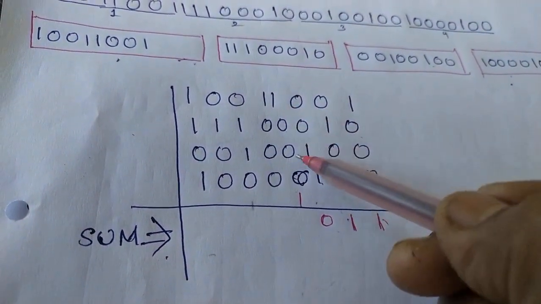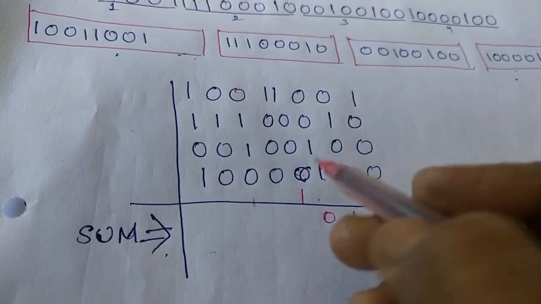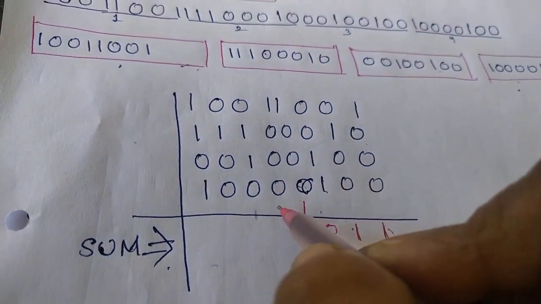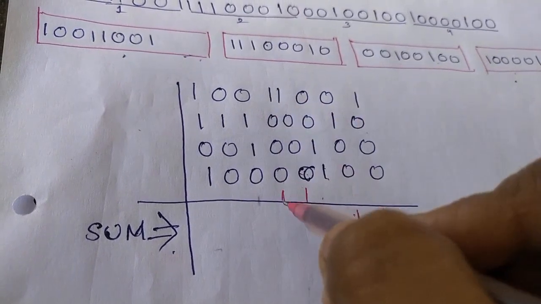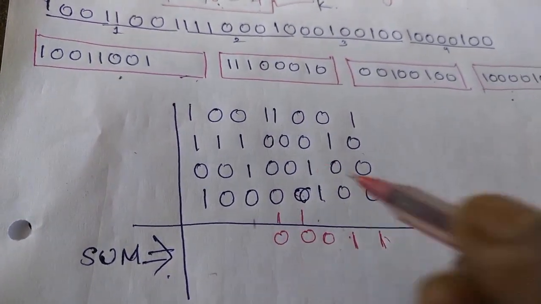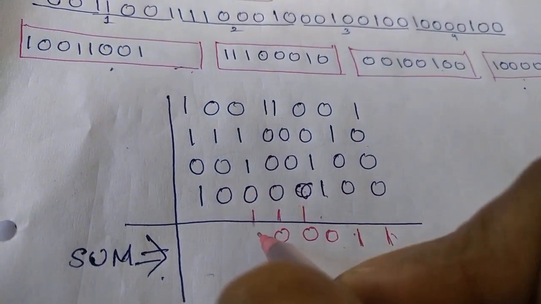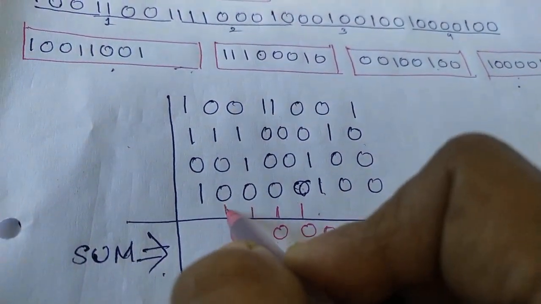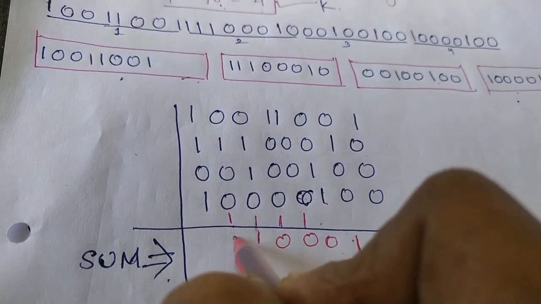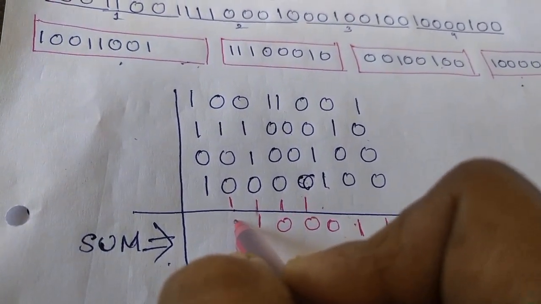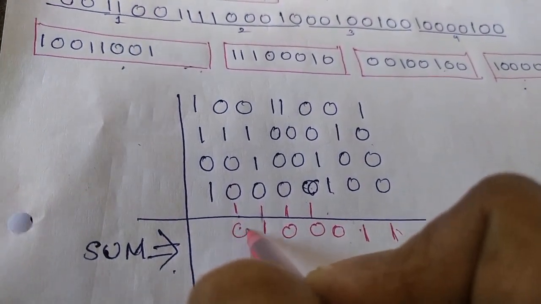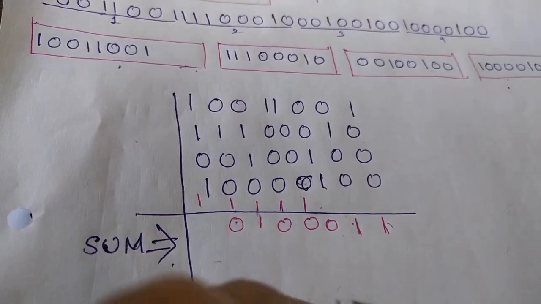Again 1 plus 1, 0 with carry 1. Again 1 plus 1, 0 with carry 1. Here 3 times 1 we are adding means 1 with carry 1. 1 plus 1 will be what? 0 with carry 1.